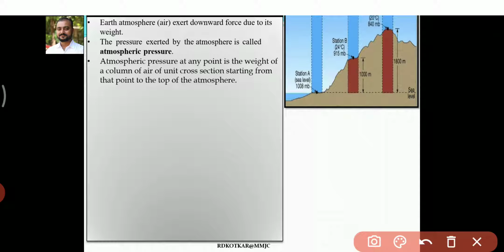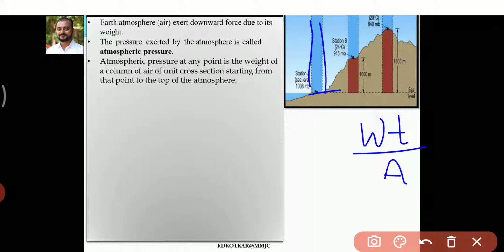That means, to find how much atmospheric pressure is exerted at this point, I consider the weight of the air column acting per unit area of cross section, from the point to the top of the atmosphere.